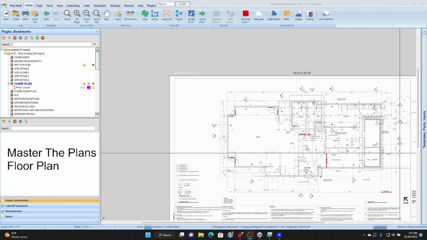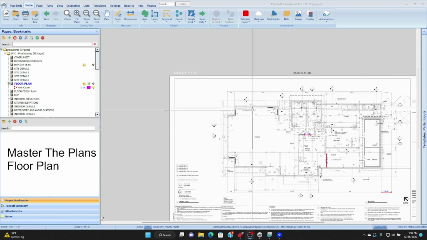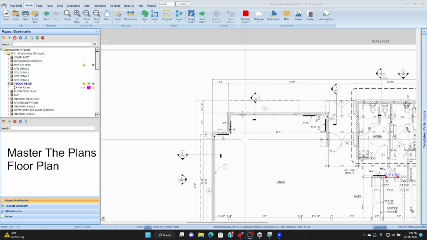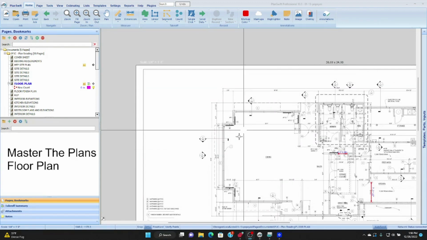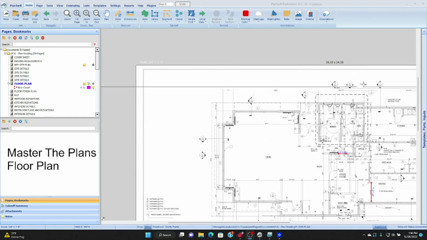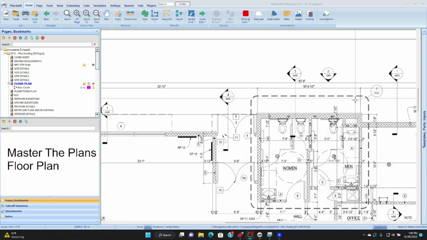So the job of the floor plan is to show us all of our new walls. We are able to use that plan to help us measure the length of the walls. And good practice would be to break down the total length of walls based on the section views that are given.